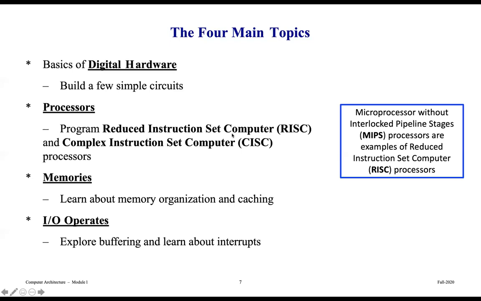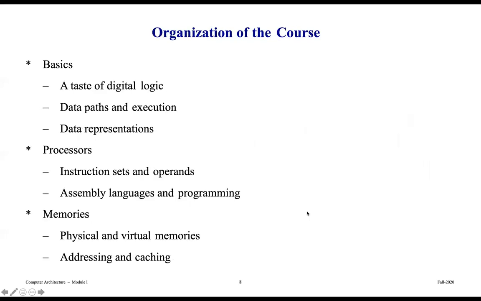And so there would be more lines of code in a RISC-based processor, and there would be more flexibility in having a number of instructions to be more precise at a lower level. So that's the difference there. Microprocessor without interlocking pipeline stages, you'll hear the term MIPS, and so that's what I'm trying to introduce here. And so MIPS processors are examples of RISC processors. So that's just a little bit of nomenclature for you to think about.